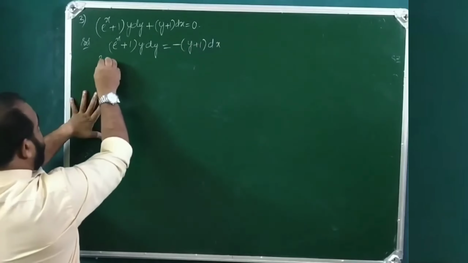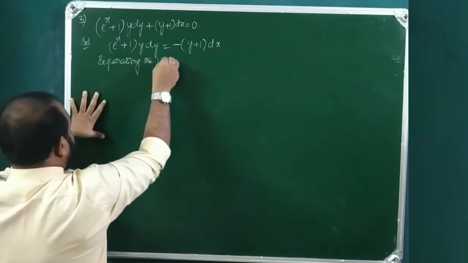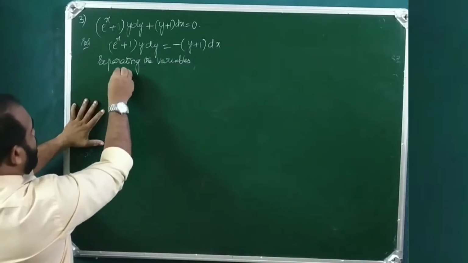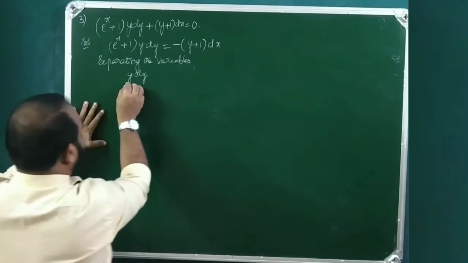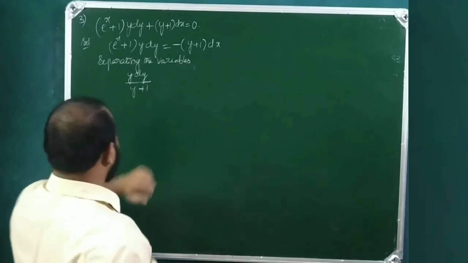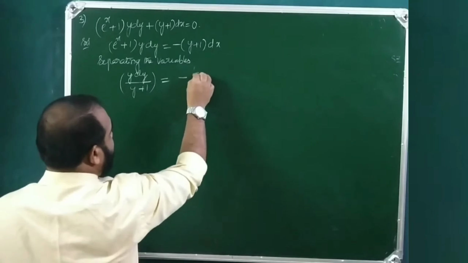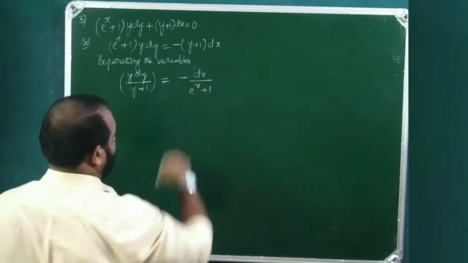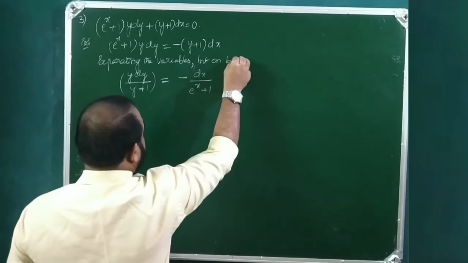Now separating the variables, we get y dy by y plus 1 equals minus dx by e power x plus 1, and integrating on both sides.